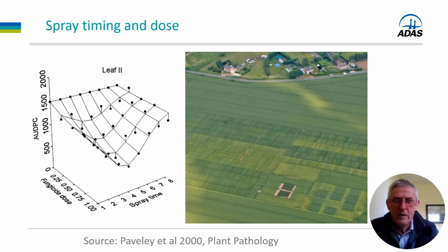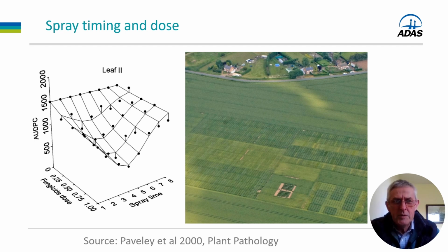And then suppose you're daft enough to go back into that field every week and assess the amount of disease on every single leaf layer and add all those disease assessments up, which gives you what's called an area under the disease progress curve, or AUDPC, which is a measure of the amount of disease severity in that set of plots.